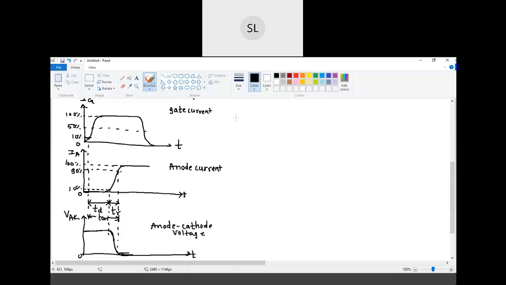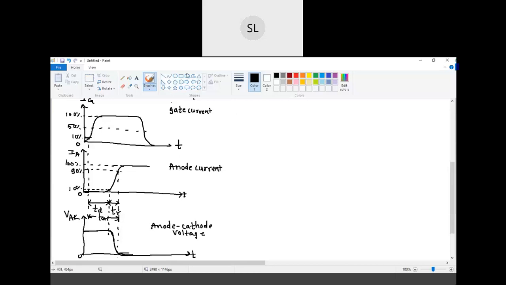If the anode current is allowed to increase at a faster rate, then a large current will flow through a comparatively narrow channel, due to the carrier concentration at the gate terminal.